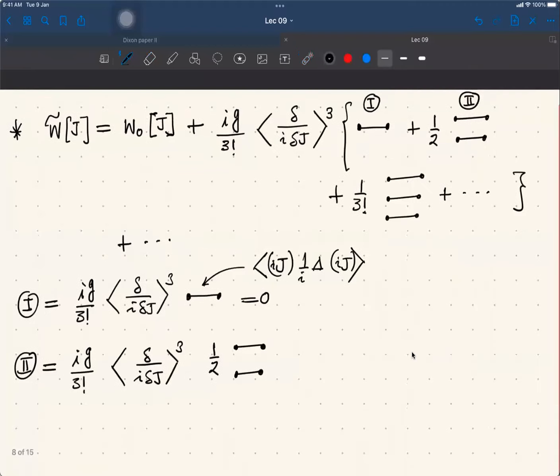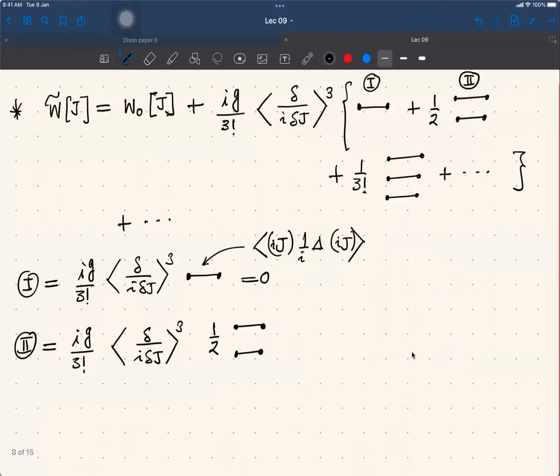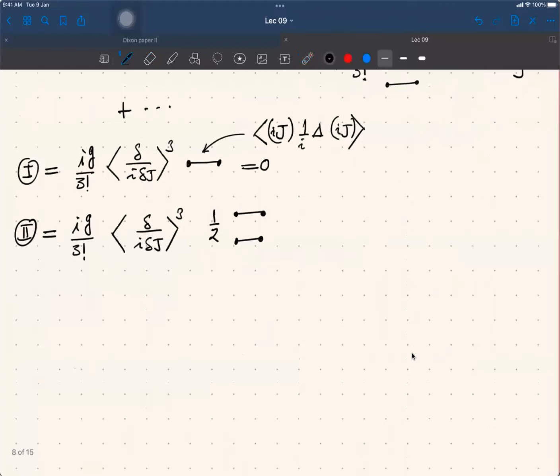Okay, one difference, I think earlier I included this factor of half inside the diagram. The symmetry factor is between interchange of these 2, which I took inside. This time I'm keeping it outside. This is the only difference, but we could have done the other way also.